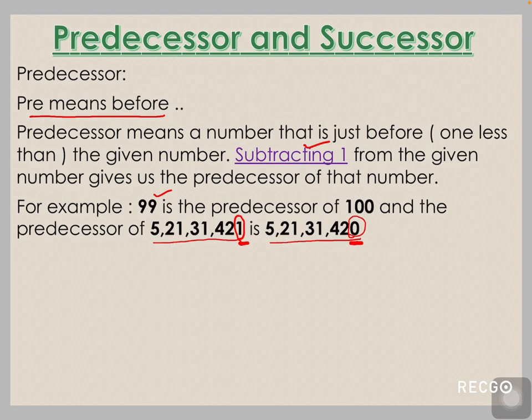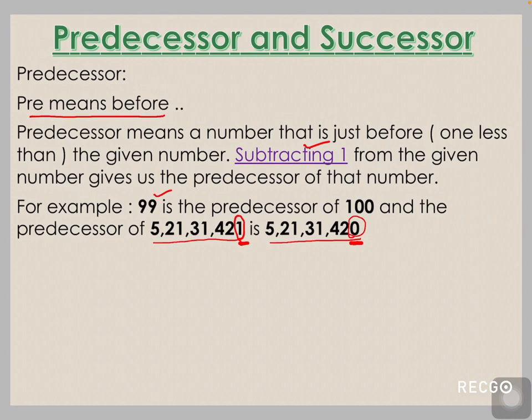Now here, it was 1, so you subtracted 1, means 1 minus 1, 0. Clear? What if it was 0 before? How can you subtract 1 from 0 since it doesn't have anything? So just have a look here.